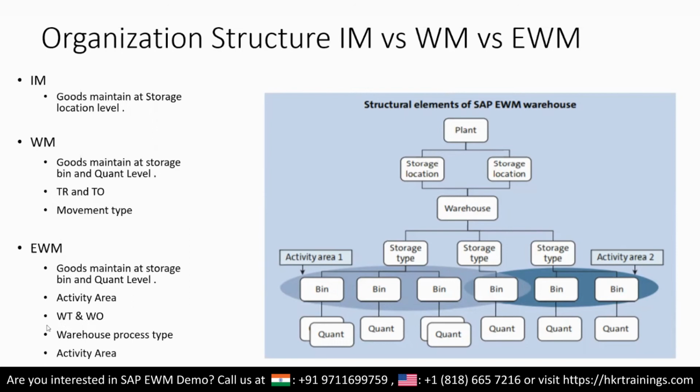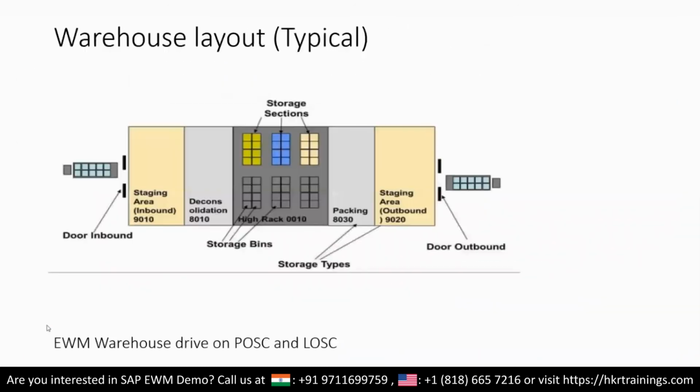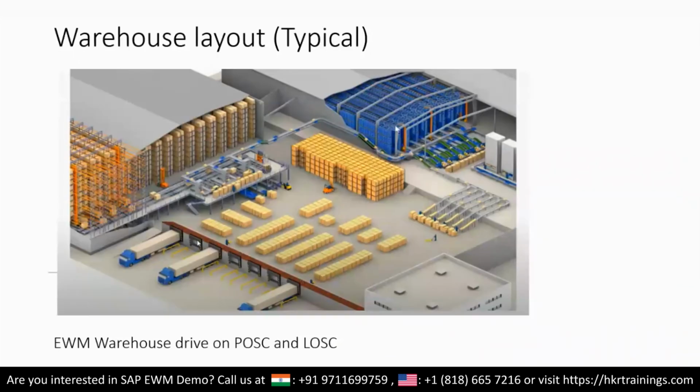So warehouse process type means for each and every process, for each and every movement in the warehouse. So the process could be the unload first. Okay, so I'll go over here. The first process is that from the vehicle, I'm unloading the material. So that is one process, to unload.